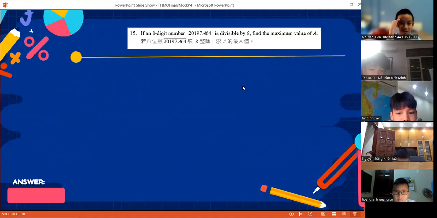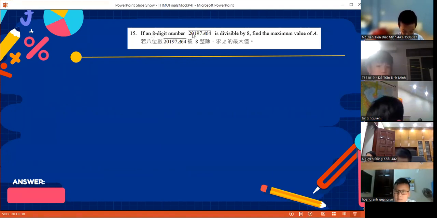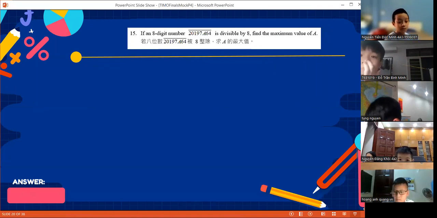Okay, let's have number 15, and then later we can have our break after this one. An 8-digit number, 20197A64, is divisible by 8. Find the maximum value of A. So we want the maximum value, right? And in here, it's the divisibility of 8.